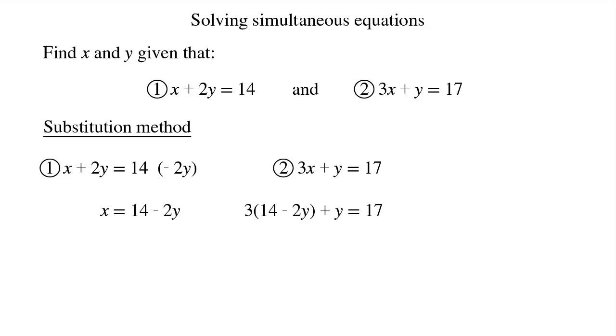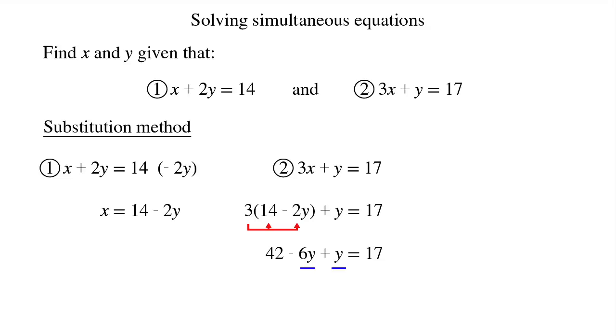First, we need to expand the brackets. 3 multiplied by 14 gives us 42, and 3 multiplied by minus 2y gives us minus 6y. So that's 42 minus 6y plus y is equal to 17. We have two like terms on the left, minus 6y and plus y.